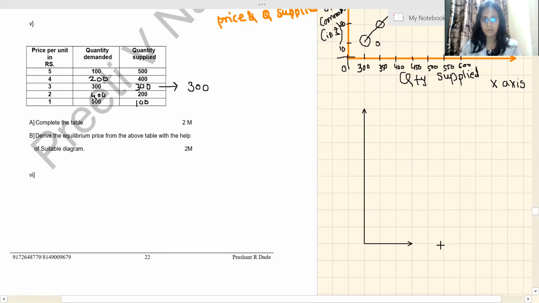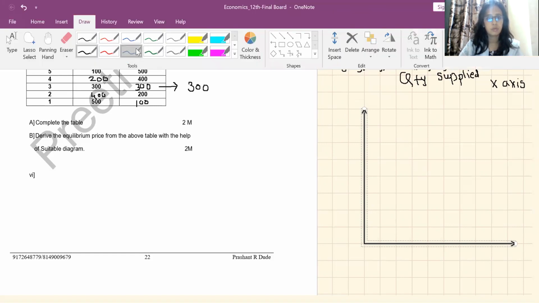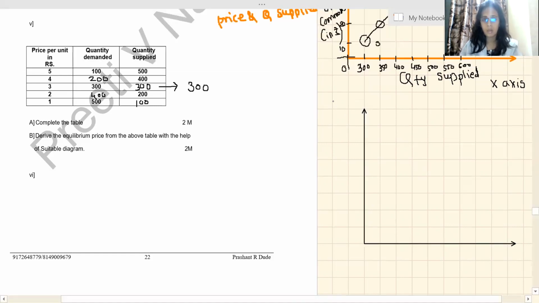As usual, we will take x-axis, y-axis. We will label it. This is the y-axis. This is the x-axis. This is the zero origin. Then we have quantity demanded and quantity supplied. Write it in full form.